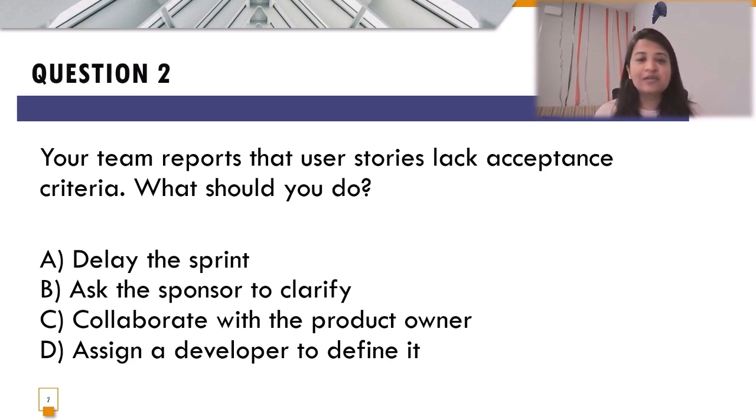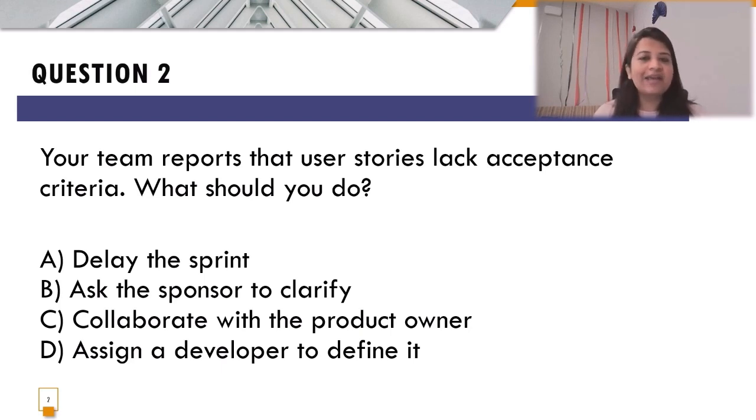Asking the sponsor to clarify is a bad choice, given the sponsor wouldn't know anything about the technicalities the developer is asking about. The sponsor wouldn't be able to clarify things if he or she is non-technical, so that's not a correct answer. Option D says assign a developer to define it.